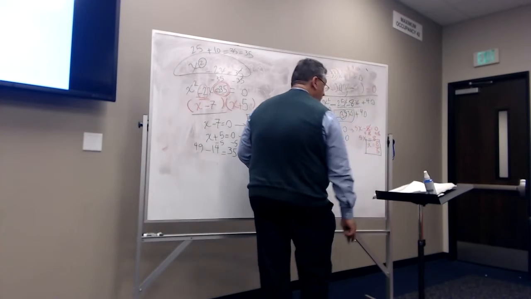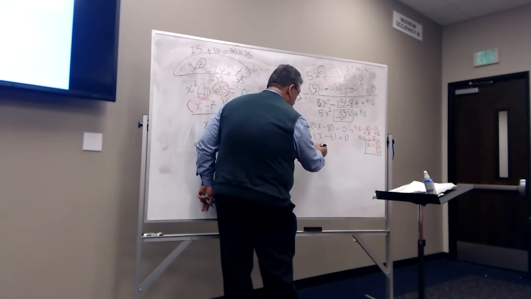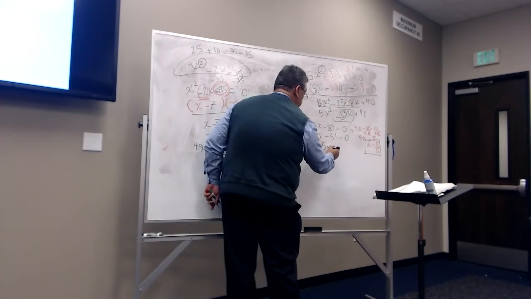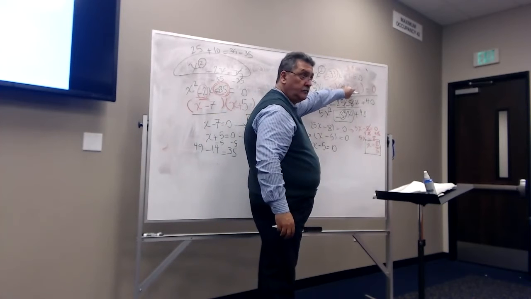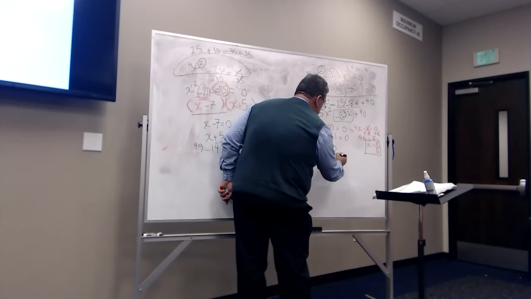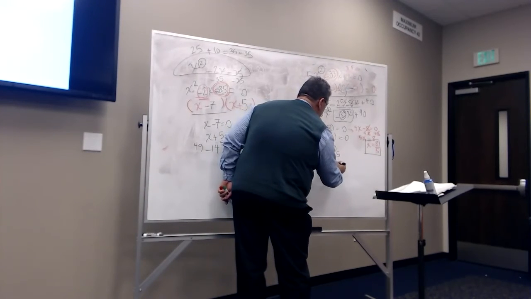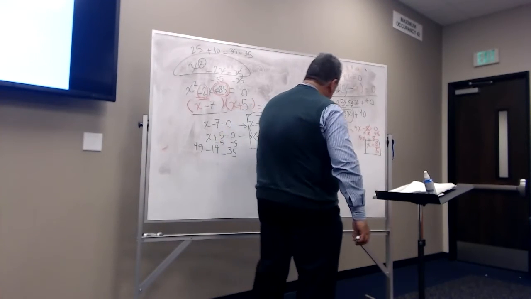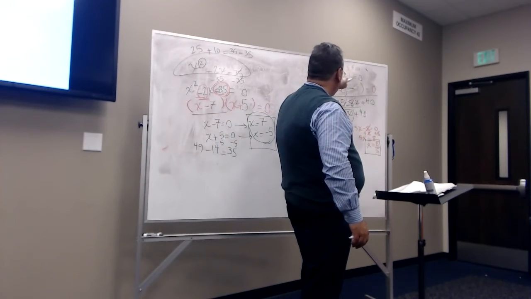The other solution is here. x minus 5 is equal to 0. Add plus 5 to both sides. So you get x is equal to plus 5. So these are your answers: x equals 5 and x equals 8 over 5.